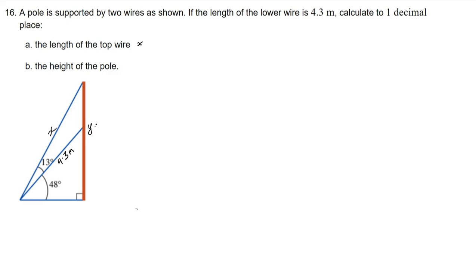Okay, so a couple of steps here. These are the hard ones where we've got to do a couple of steps to get where we want to go. So first of all, we've got to find the length of the top wire and the height of the pole.